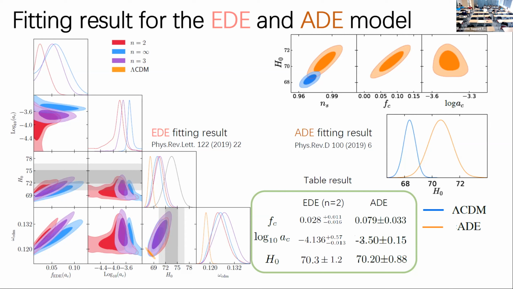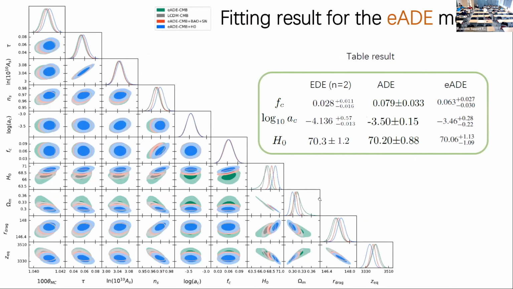And it can also release the H0 tension around 70. So the third is the fitting result of our model. It can also release the H0 tension very well.